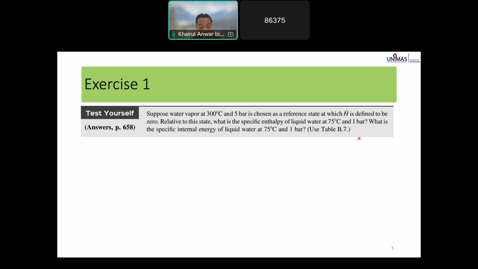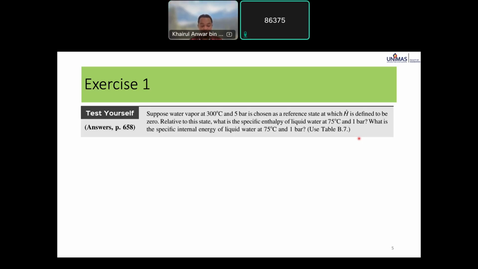Berapa yang nampak? 314. Tengok dalam page berapa tu. Page 650. So at 1 bar, 75 degrees C, the specific enthalpy is 314.